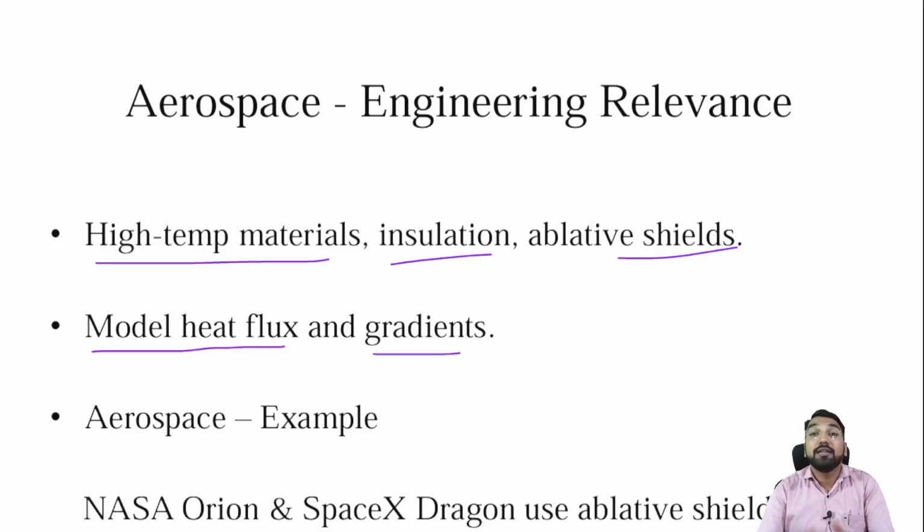Just imagine that water boils at 100 degrees Celsius, and here we are talking about 1500 degrees Celsius, which has to be withstood while the shuttle or spacecraft is re-entering, so as not to fail the internal components of the spacecraft.